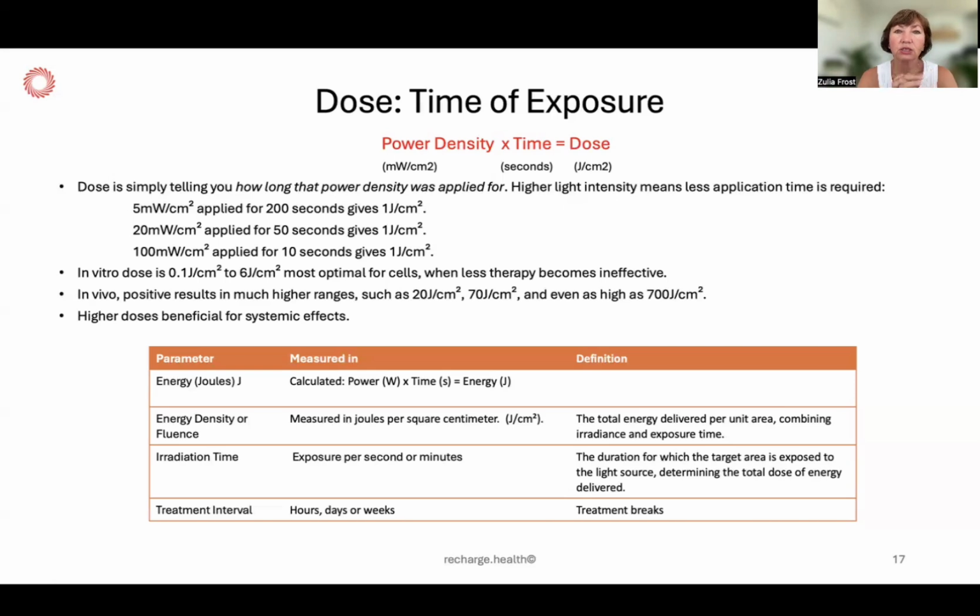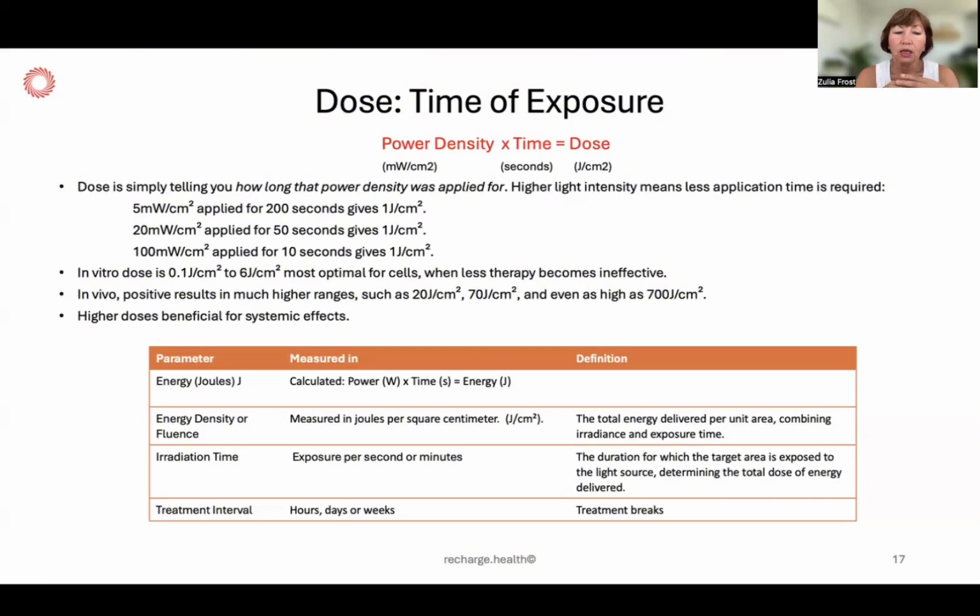Exposure time is in seconds, that's why we use 600 seconds for 10 minutes. It is the duration for which the target area is exposed to the light source, and it determines the total dose of energy delivered.